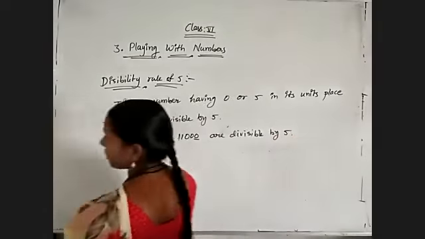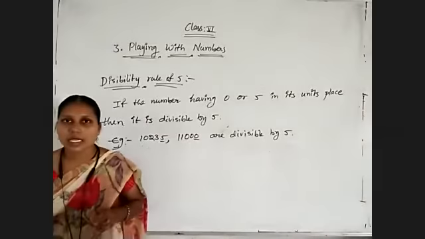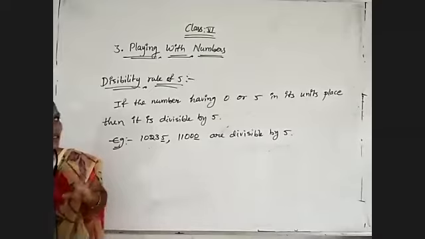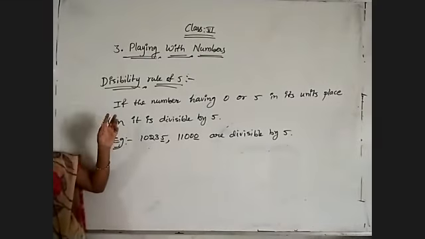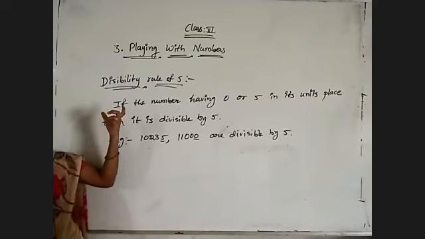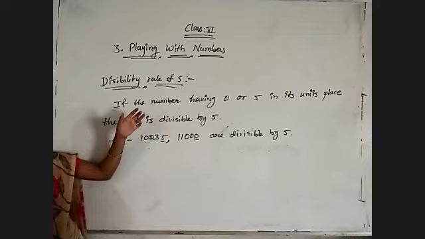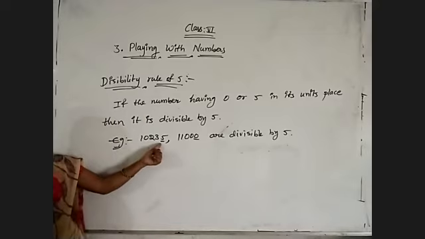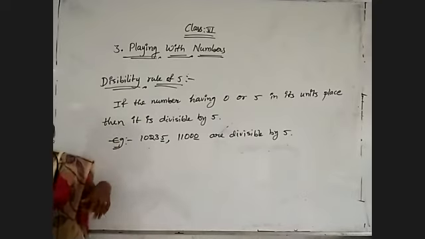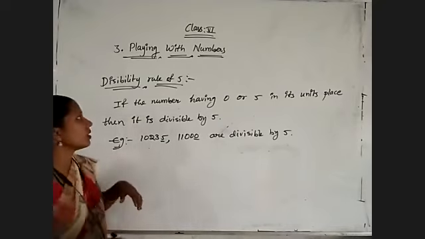So observe, to check whether the numbers are divisible by 2 and 5, we are just checking the unit place. Okay. So now coming to the next divisibility rule.